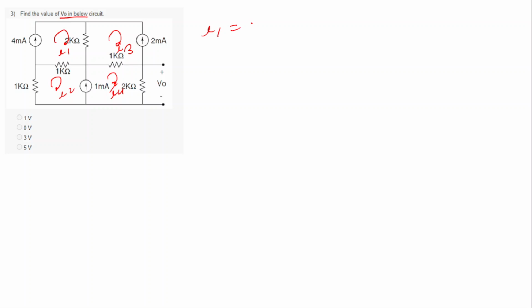I3 is assumed in this direction while the source is opposite, so I3 equals minus 2 milliampere. For I2, this mesh forces I2 in this direction and this mesh forces I4 in this direction, so I4 minus I2 equals 1 milliampere.